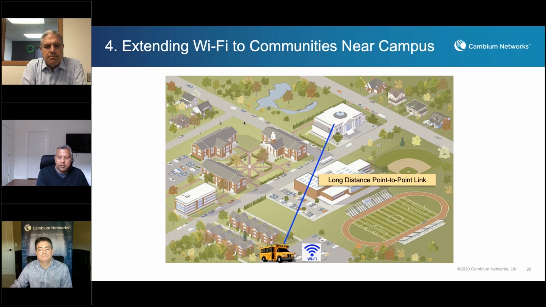You have limited funding, you have limited budget, so that's a tough challenge. So our proposal here is, look, you don't have to go to the big guys. That same school bus could have a small mast, the building has another mast. You can build a point-to-point link, use an outdoor Wi-Fi device and blast it into a housing area or a subdivision and whatnot, right? So that's another very relevant use case with the Cambium wireless fabric.